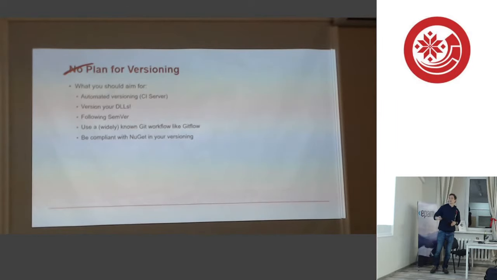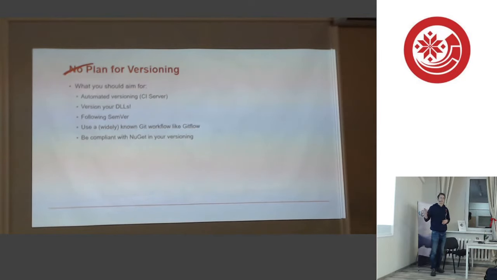And to support the semantic versioning pattern, we're using a widely known workflow on Git, which is called Git flow, which also makes it a bit easier to see when you create a release what's happening. Is it a minor version bump, or if it's a hotfix, it's a patch version upgrade.